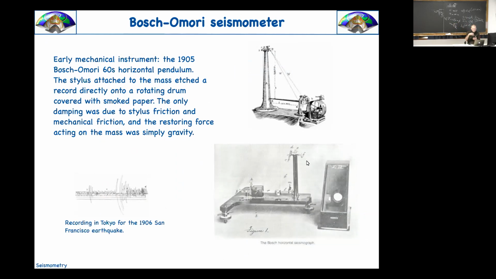Maybe some of them were also beginning to use rays of light and mirrors to get a signal far from the instrument, but they're really nice. And what you see here is the recording of a San Francisco earthquake.